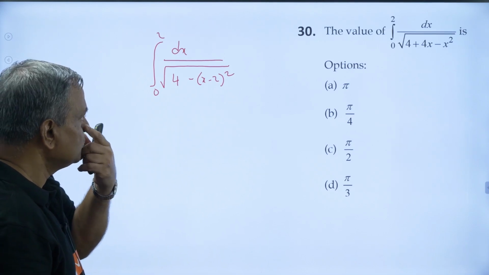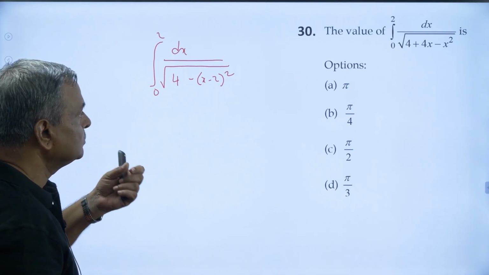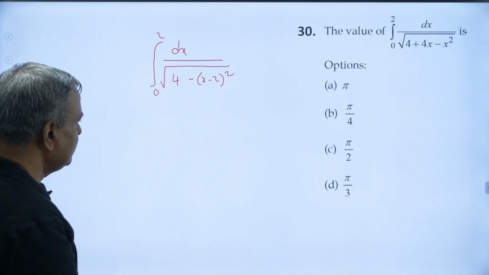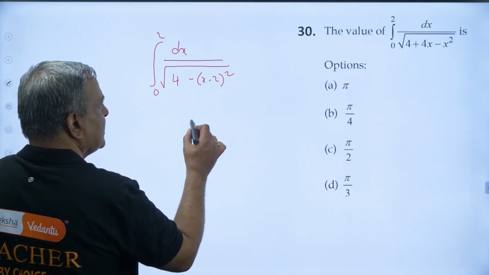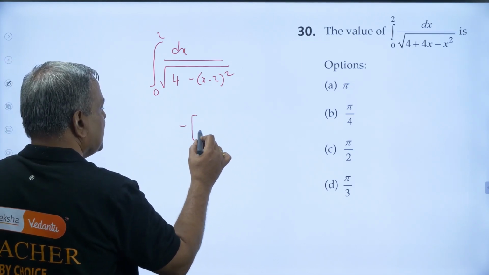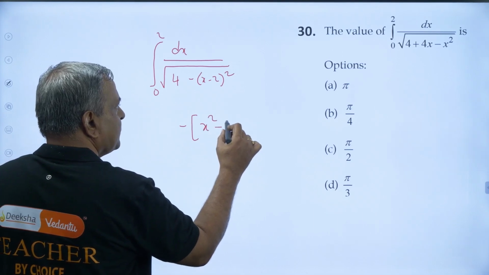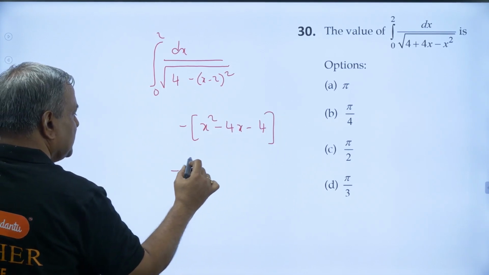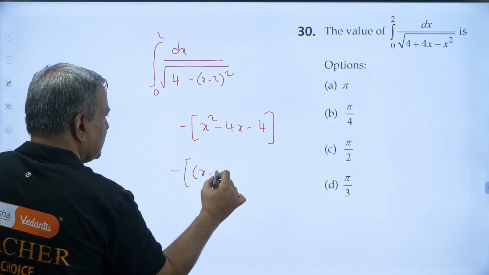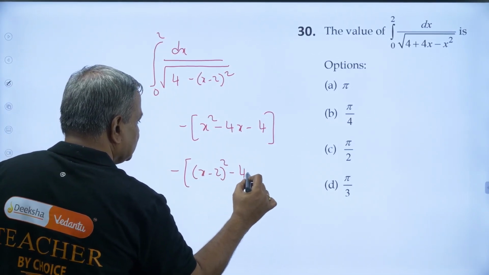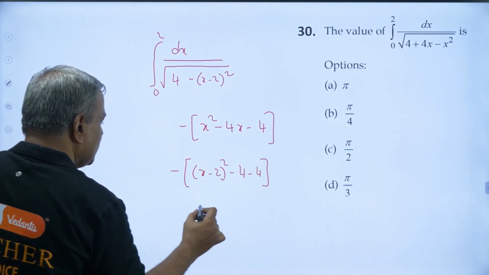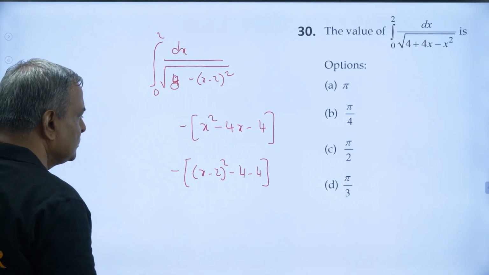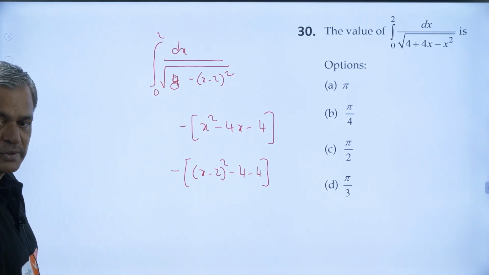I'll do it in a proper way. Take minus common: x square minus 4x minus 4. Perfect. So this will give you x minus 2 whole square minus 4 minus 4. So this will become 8. So this will become 8 minus x minus 2 whole square.